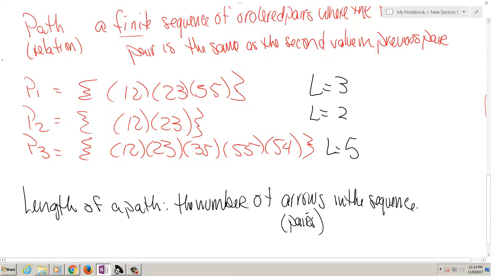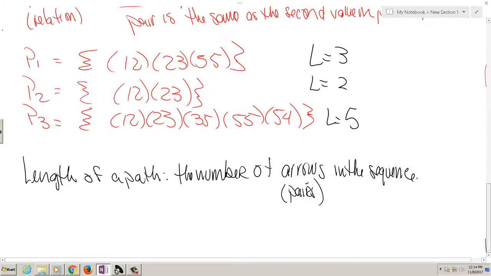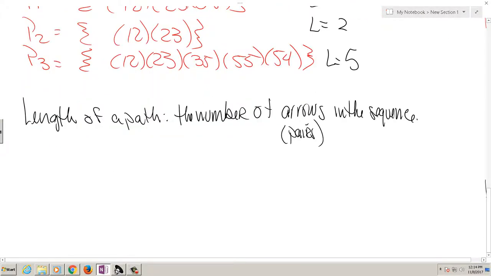It's a little bit more interesting when I try to define the length of a path when I look at the digraph, or the sequence of pairs through a digraph. So every single path has a length. It's just the number of edges, also called arrows.